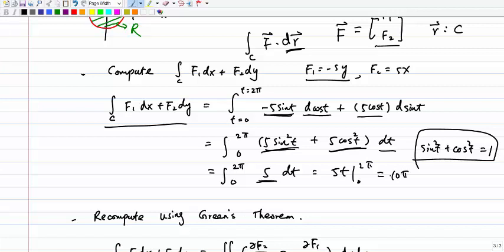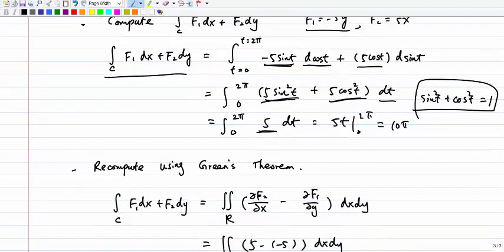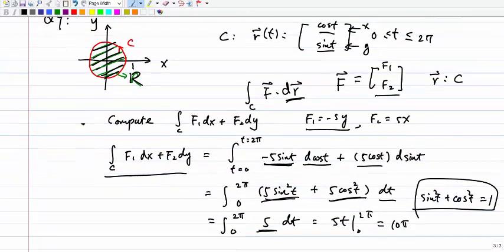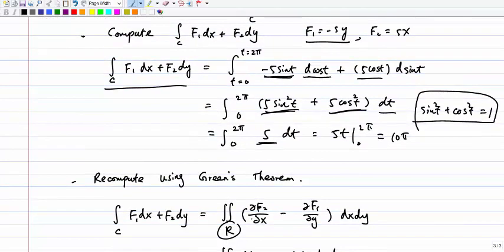The second question says, recompute the line integral using Green's theorem. So basically write the line integral as a double integral. If I use Green's theorem, it says the integral of f1 dx plus f2 dy is the integral over the area R, which is inside this line, which is a circle, of partial f2 over partial x minus partial f1 over partial y.